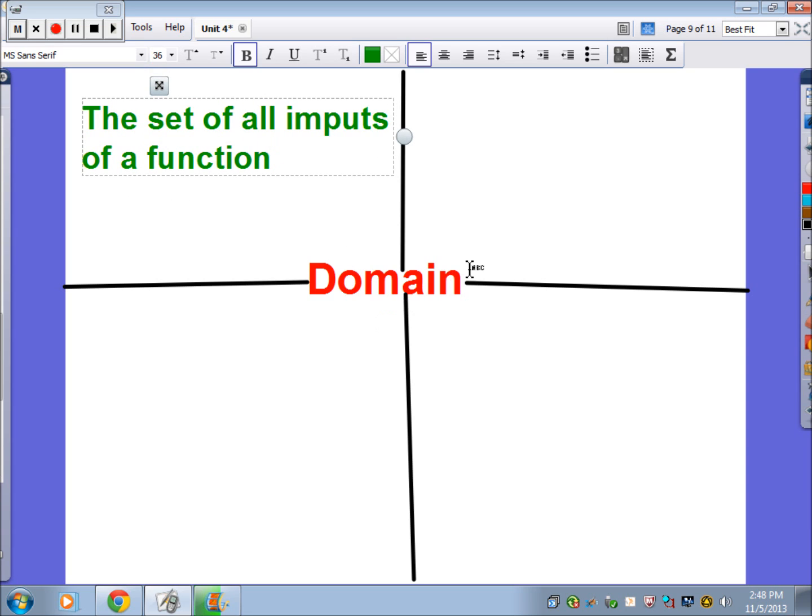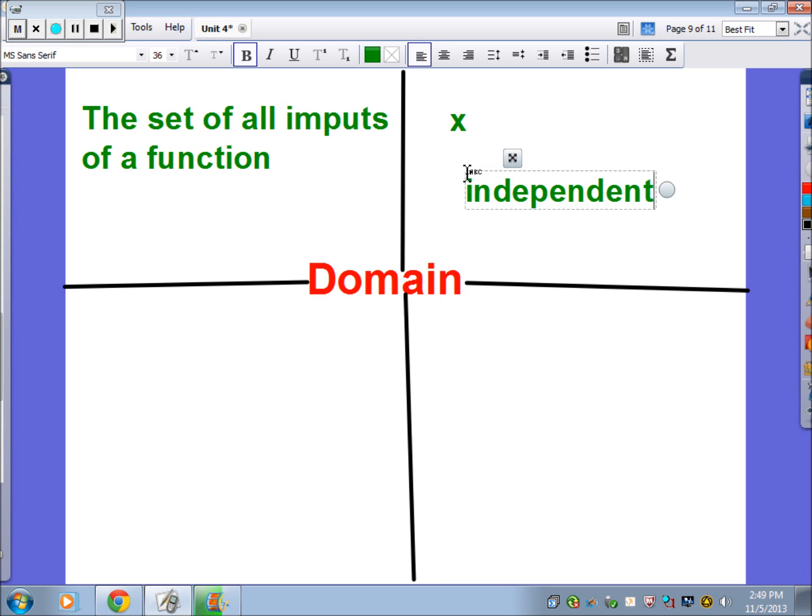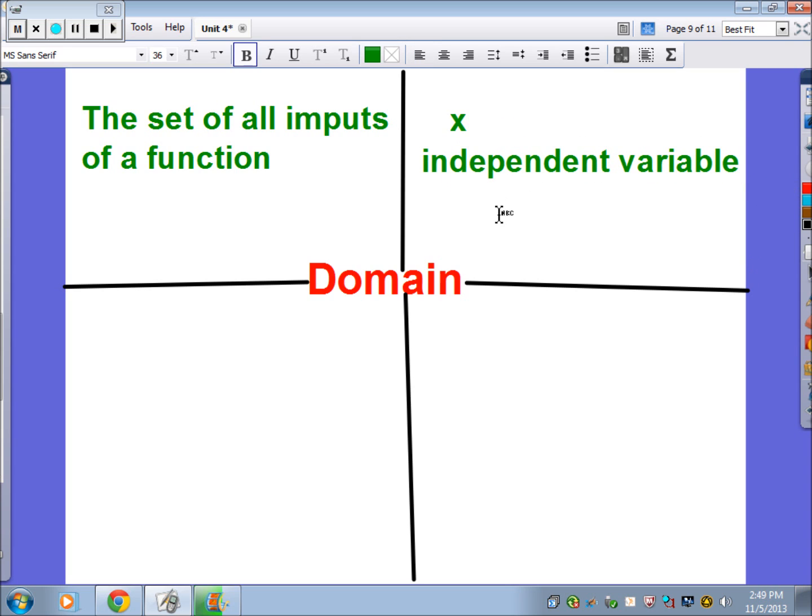And then for the characteristics, it's going to be our x, our independent variable, our input.